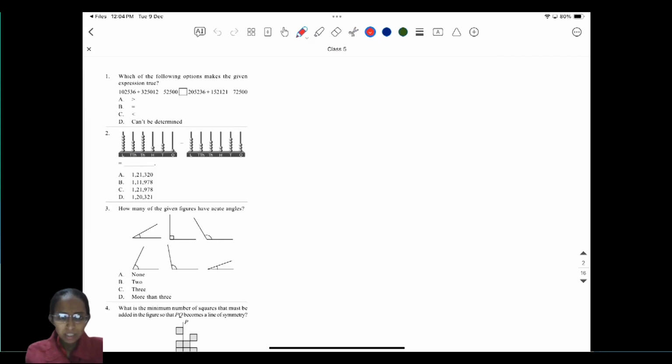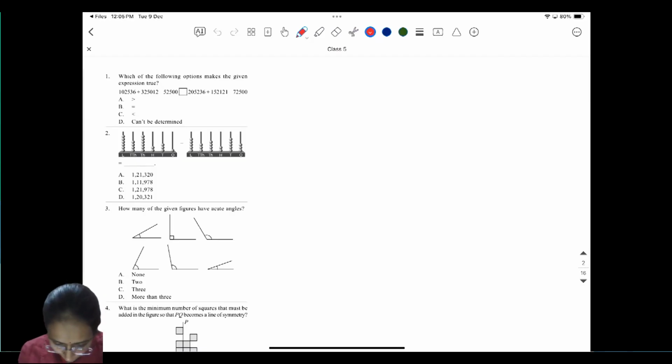So you can do this question very fast by just the approximation method, because see, the first part is around 1 lakh. In 1 lakh, we are adding 3 lakhs, and then we are subtracting 52,000.